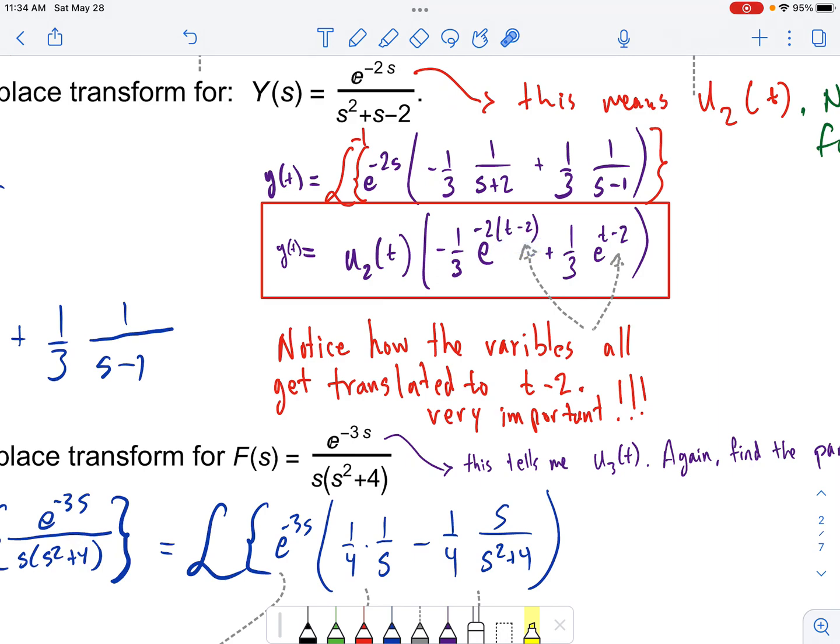Same thing with the 1/3 times this 1 over s minus 1 comes from an e to the t. Oh, but wait a minute. Again, we need our shift of t minus 2. So notice that whenever we do the inverse Laplace, we're always going to have a t minus the shift, or in this case, t minus 2 to correspond with our unit step function there. So that's the important part, make sure you get that shift in there.